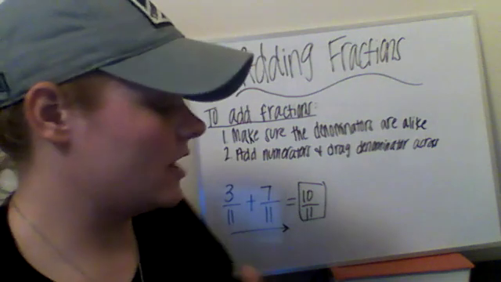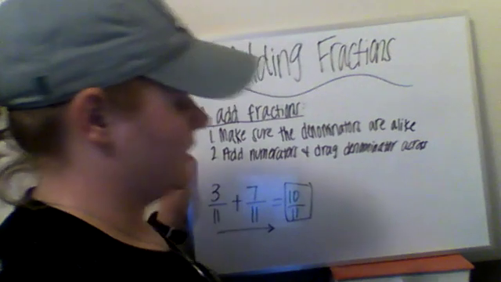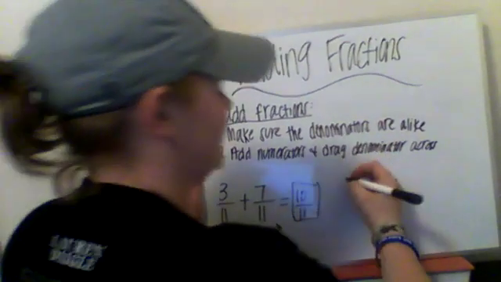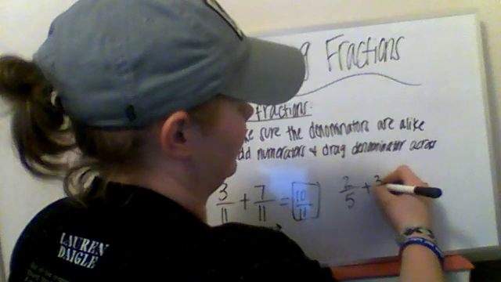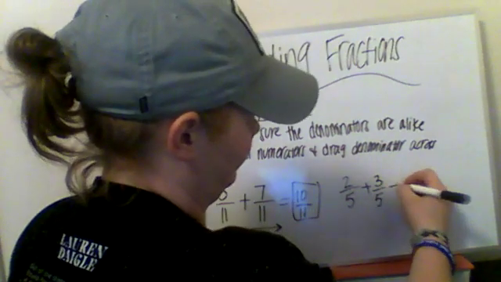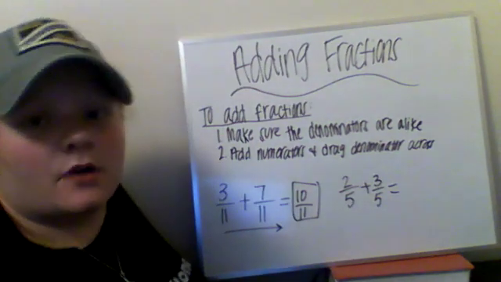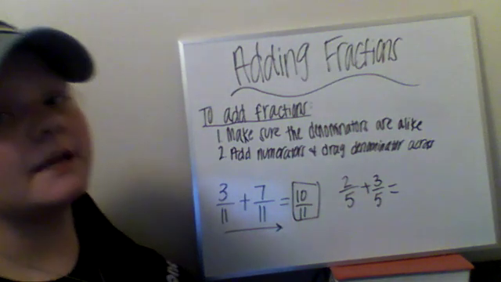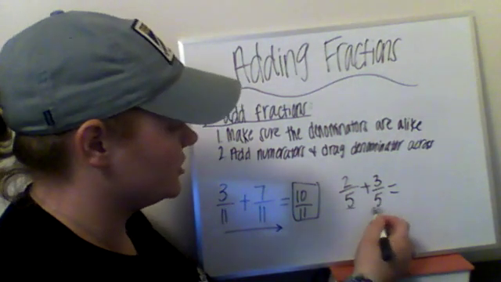Now I want to show you this problem because I'm sure you get this problem a lot in math class. If I give you the problem 2/5 plus 3/5, when you look at this problem, you should automatically be looking at your denominators, and your denominators are the same.